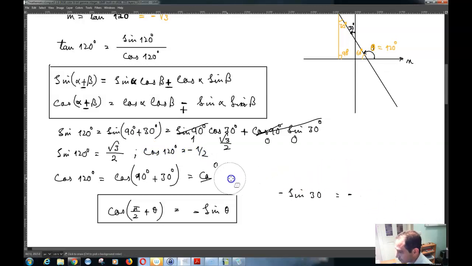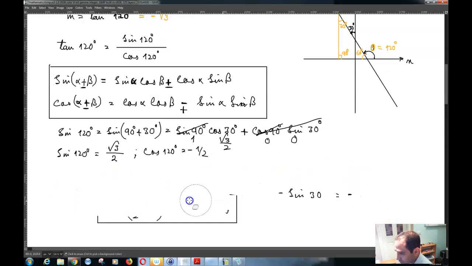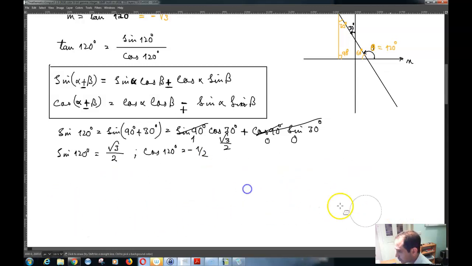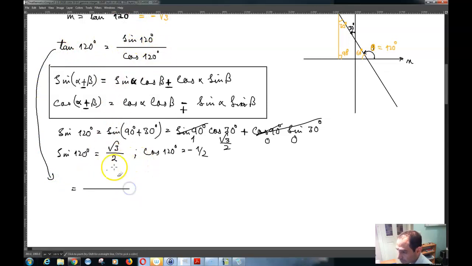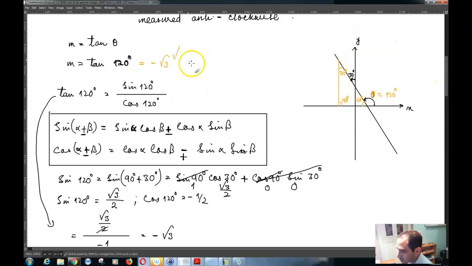Now you can write tan of 120 degrees as sine of 120 by cos of 120, which is equal to square root of 3 by 2 over negative 1 by 2. You can cancel this out and get negative square root of 3, which is exactly what we got over here.